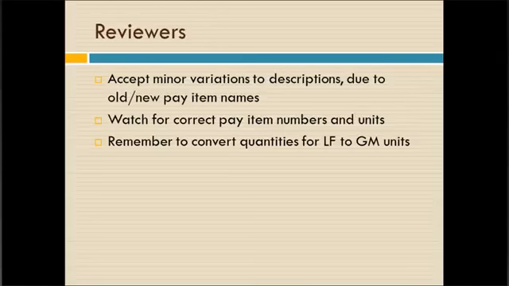So you need to watch and make sure that they didn't just swap a pay item out, but those quantities were recalculated to the correct units. So again, we don't want to nitpick on all those descriptions, but we do want to make sure that the pay item numbers and the units there are correct.